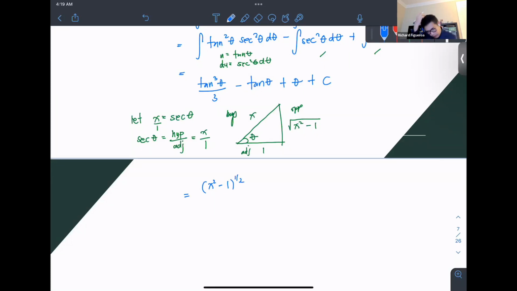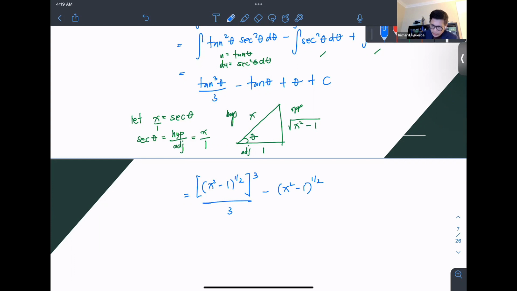Okay, so that is our tangent theta. And then it is raised to 3 divided with 3. And minus tangent theta, so that's it. So that we have x squared minus 1 raised to 1/2.